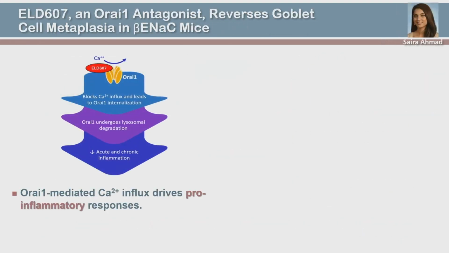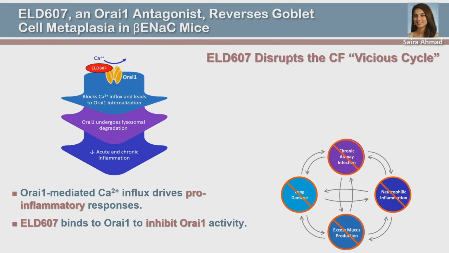And our final talk today, by Saira Hamad, is focusing on an inhibitor, an antagonist of the ORAI1 channel. ORAI1 mediates the calcium influx and drives pro-inflammatory response. By using this compound that binds to ORAI1, it inhibits ORAI1 activity.